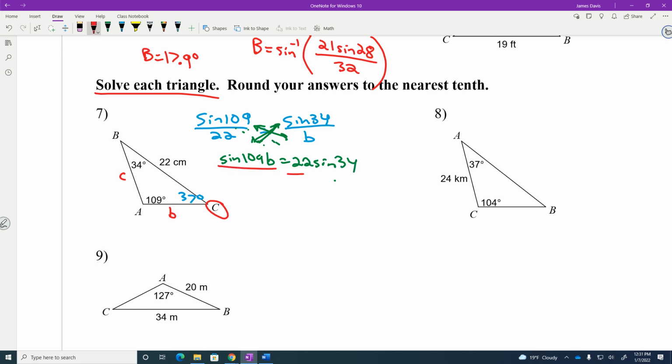And divide. B equals. Anybody got that one? Yes.